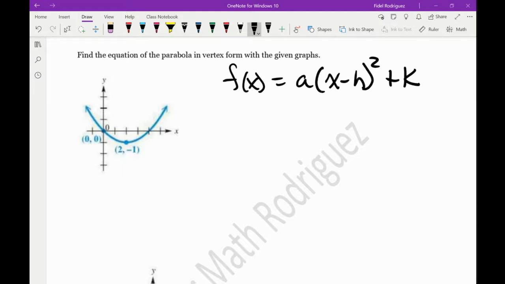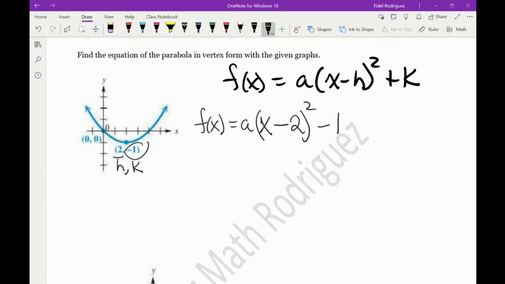Then the next thing we're going to do is say, look, this is my h, and that's my k. So I'm going to come back over here and say, f of x equals a times x minus h, which is the number 2, squared, and k is the number -1, so I'm going to put a -1 right there. Okay, so we're almost done.